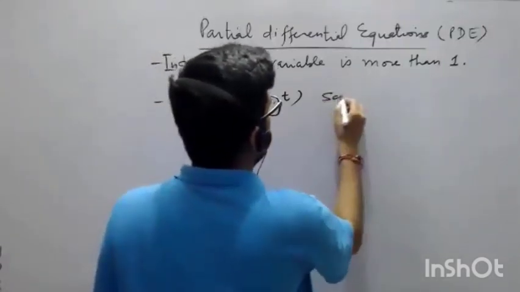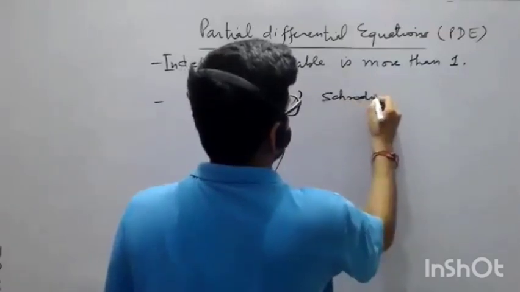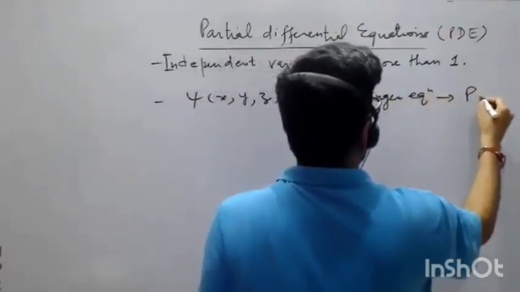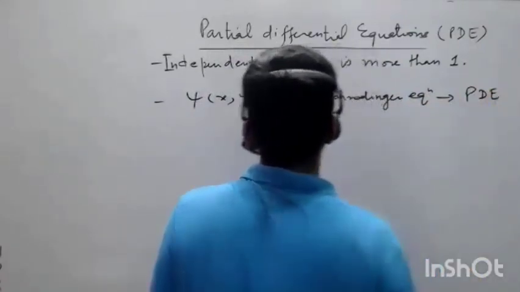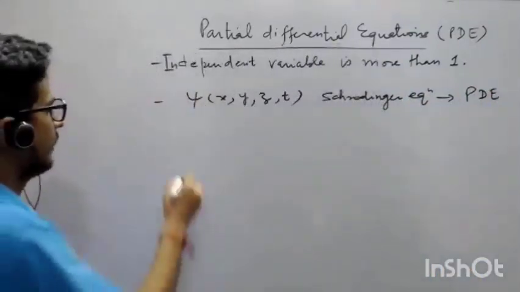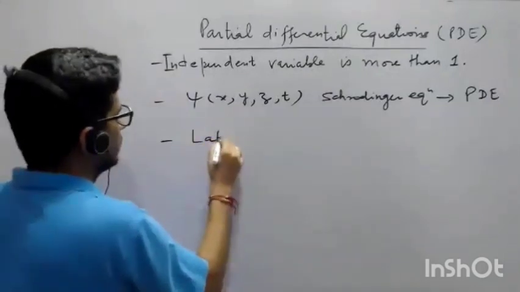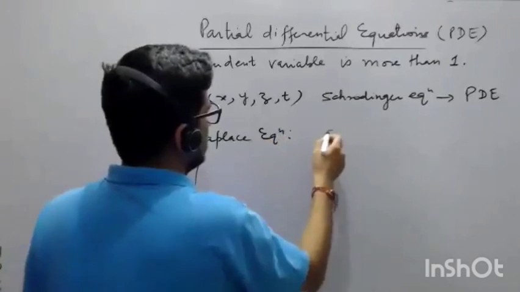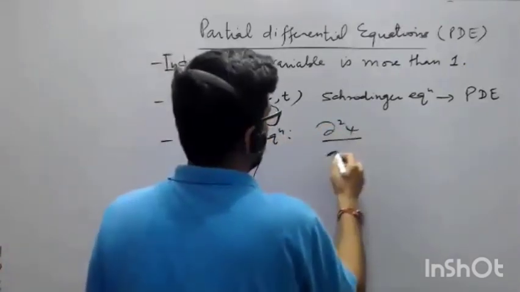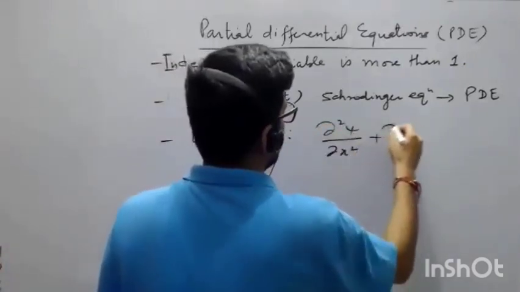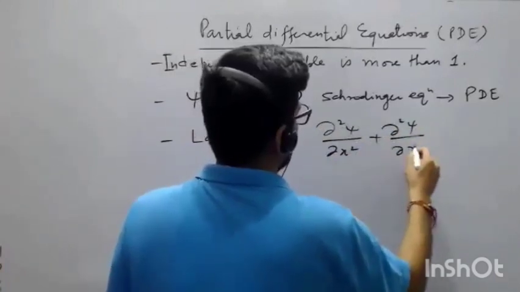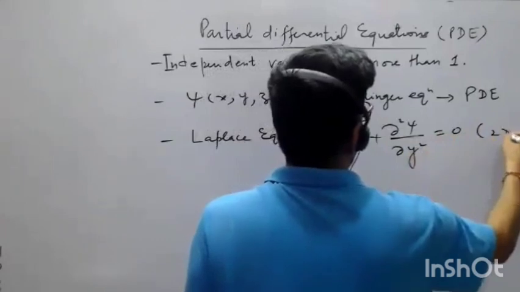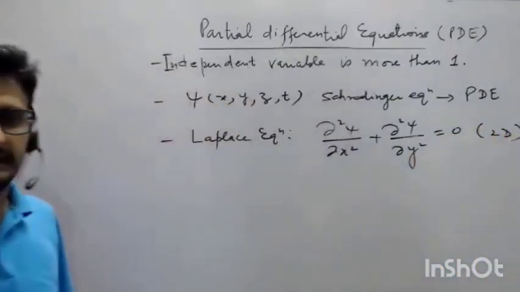So the Schrodinger equation is a partial differential equation. Okay, similarly you have another equation which is Laplace equation. So suppose I write in two dimensions, the Laplace equation will be like this. In 2D, the Laplace equation looks like this.